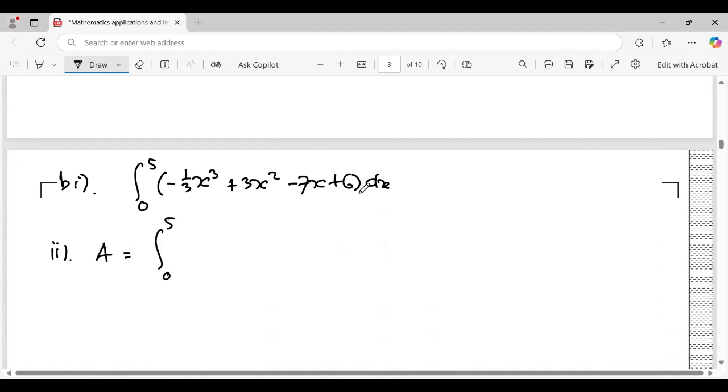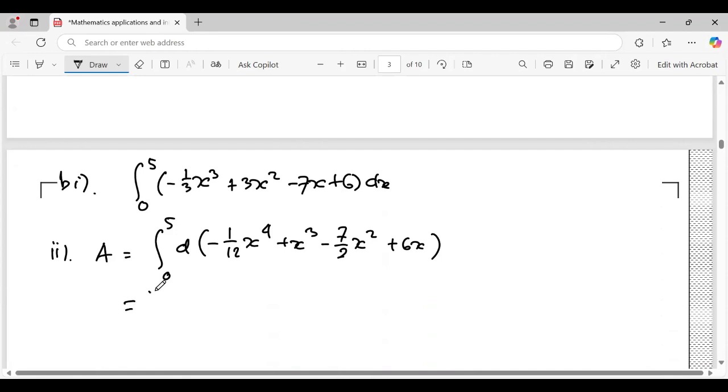Now, I would like to find the integral of this expression: minus 1 over 12 x to the power 4, x cubed, minus 7 half x squared, plus 6x. After that, substitute 5 and 0 into this expression. If we substitute 0, it's all 0.